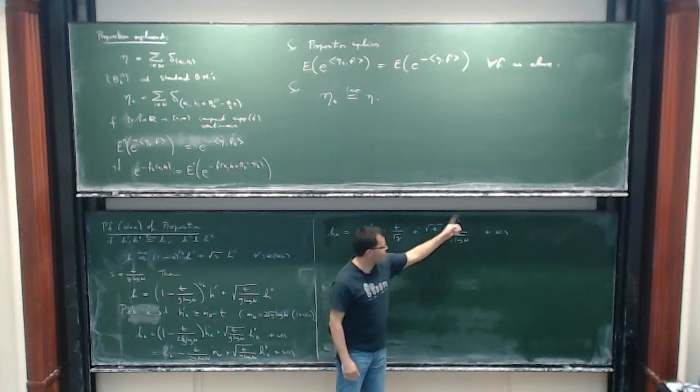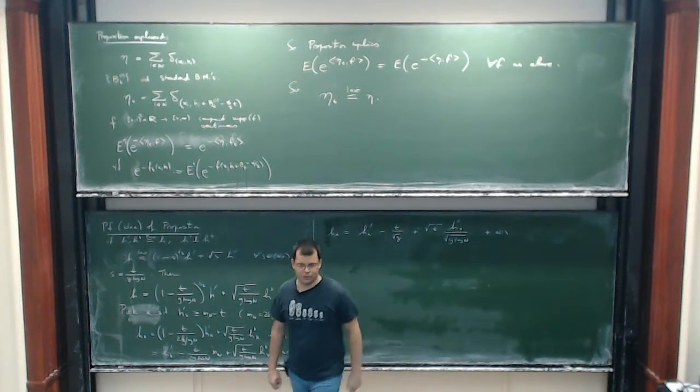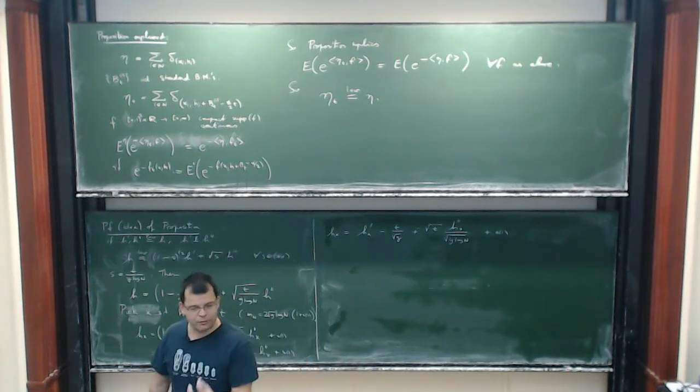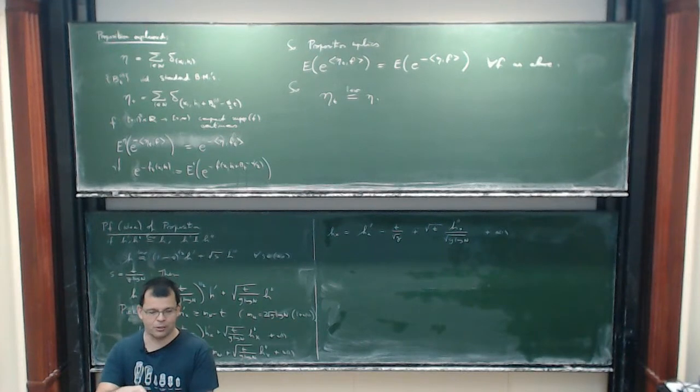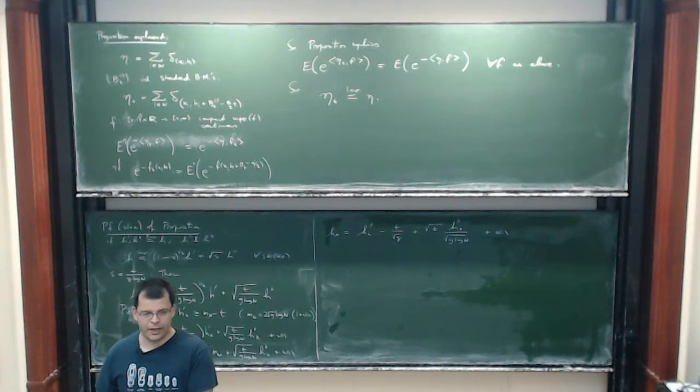So now let's examine what this field does in the neighborhood of such points. I know that if the value of h prime is large, the neighborhood of that point where this applies is very small. It's of bounded order. So I really need to only examine the behavior of the h prime field on that region. Now the h prime field is a Gaussian free field, which at short distances is heavily correlated.